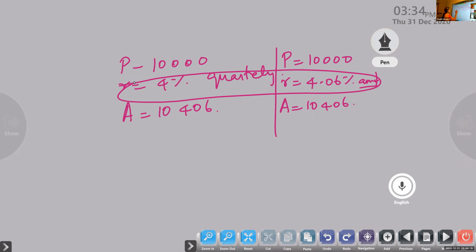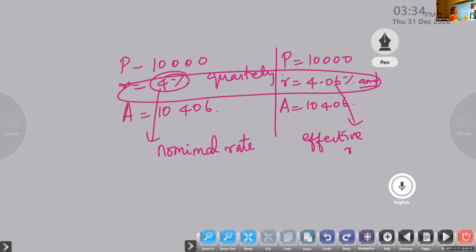So here this 4% is called the nominal rate of interest, where this 4.06% is called the effective rate. Effective rate means what is the interest yearly.